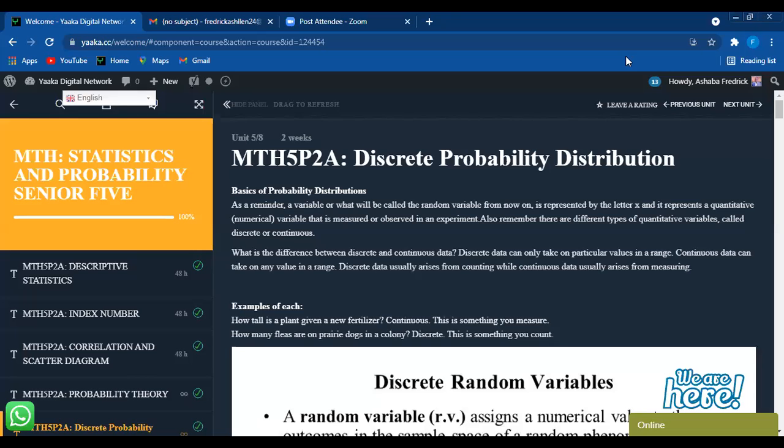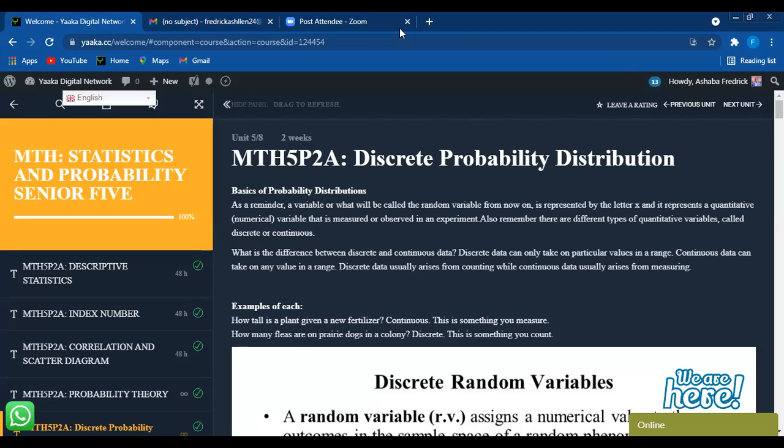Numerical variable. Okay, so we are saying a variable, or what we call a random variable from now, is represented by the letter X. So in all our probability distribution functions, we shall always see a letter X appearing.